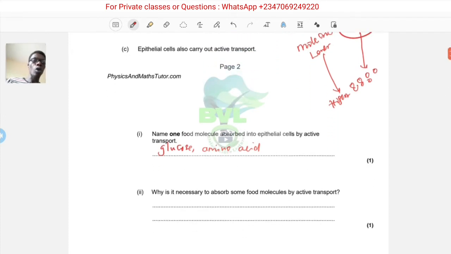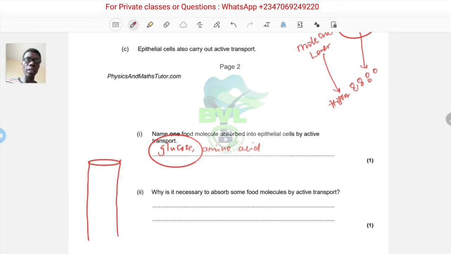It says here, why is it necessary to absorb some food molecules by active transport? You remember that glucose is what keeps us alive in terms of providing energy for us. Now, let me show you what I'm trying to say so you're going to understand this. What I'm drawing on the screen is a blood vessel. Now, just follow me. This is a cell.